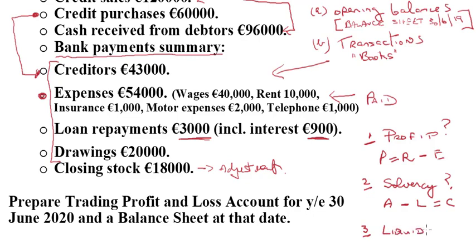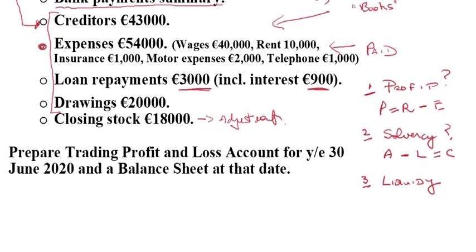So we're going to have a look at the liquidity of the business, which could be calculated as an equation as well. The equation is just cash in, what cash is going to come into the business. In this case we're going to put all the cash into the bank, let's assume that's good business practice.